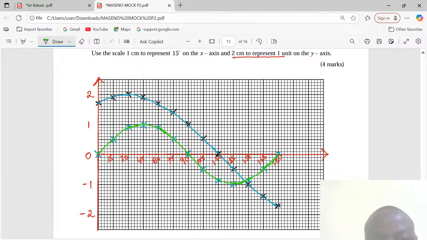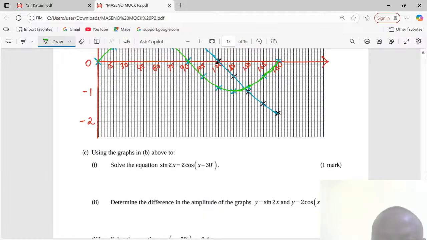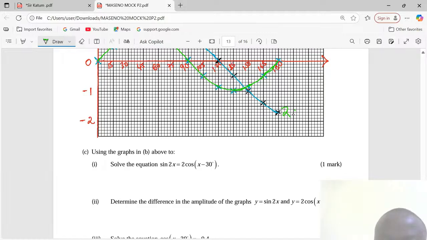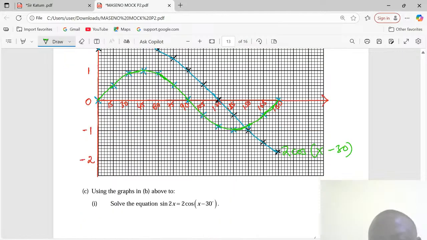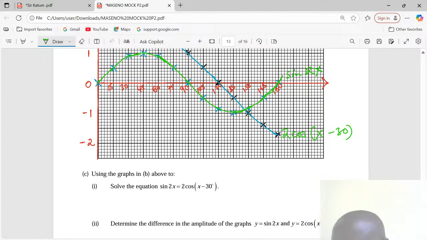So the first one was 2 cosine of x minus 30. Then the other one is sine 2x. Now we go to the question.